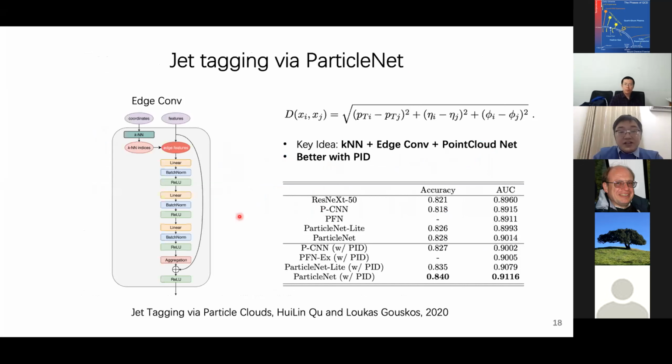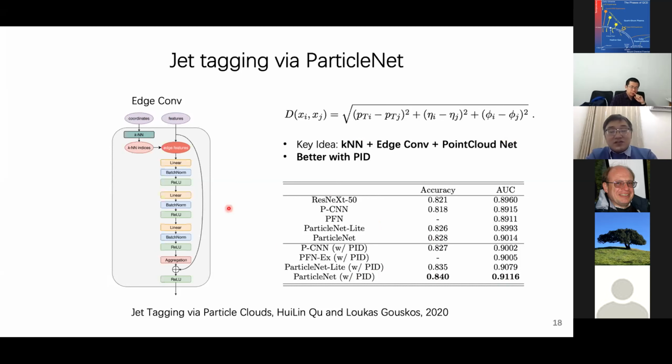This idea is taken and applied in the ParticleNet network, using k-nearest neighbor plus edge convolution plus point cloud network, and they achieve state-of-the-art classification for quark jets and gluon jets. In this table, the first part is without PID, the second part is with PID information. They both achieve the best prediction accuracy and AUC.